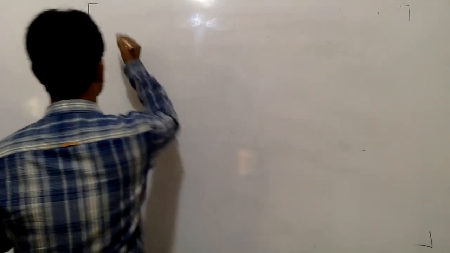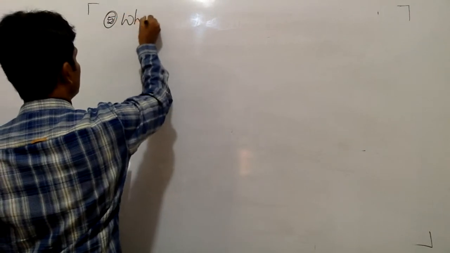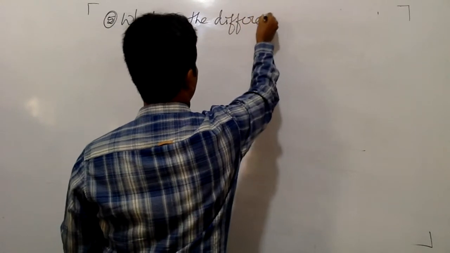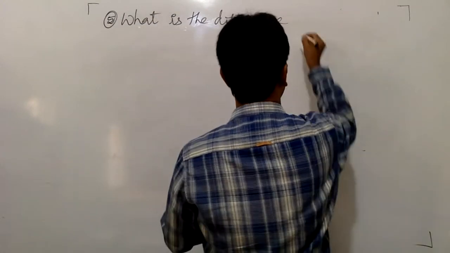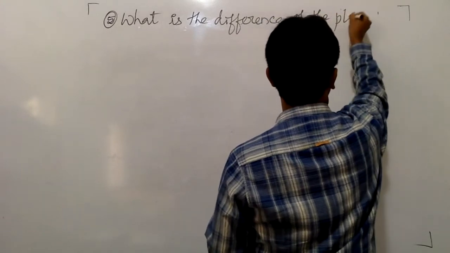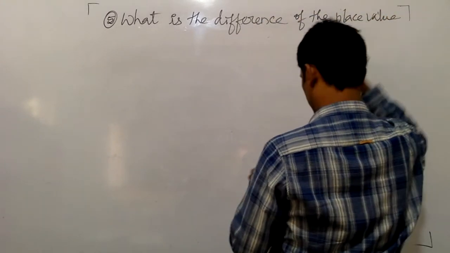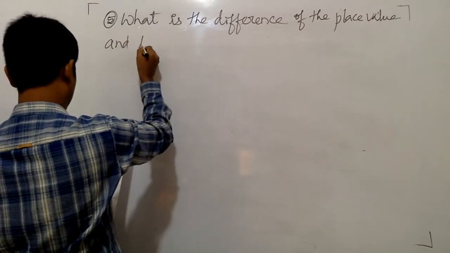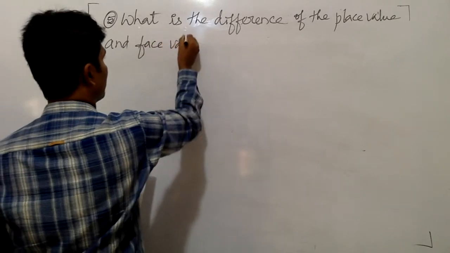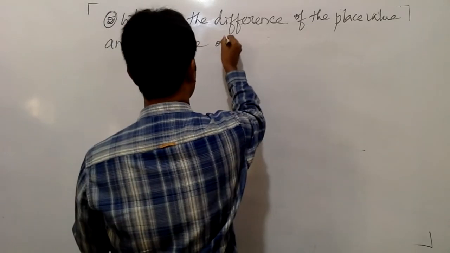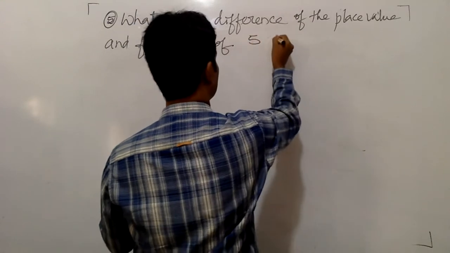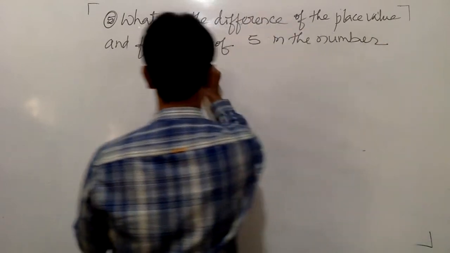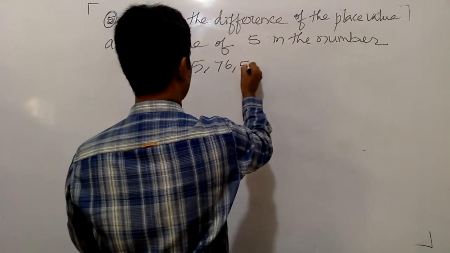Okay, we are moving to the next question, the fifth question. What is the difference of the place value and face value of 5 in the number 5,76,502?